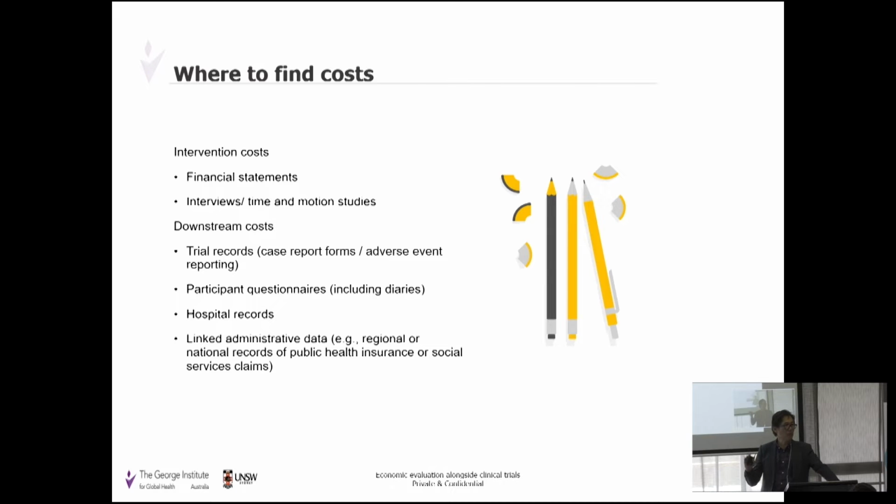There are a number of ways in which you can measure these downstream costs. The most basic way is just to include questions in your case report forms. So in your study, you will be following up your participants on case report forms. You're measuring things like your primary and secondary outcomes. You can just add a few questions about costs.